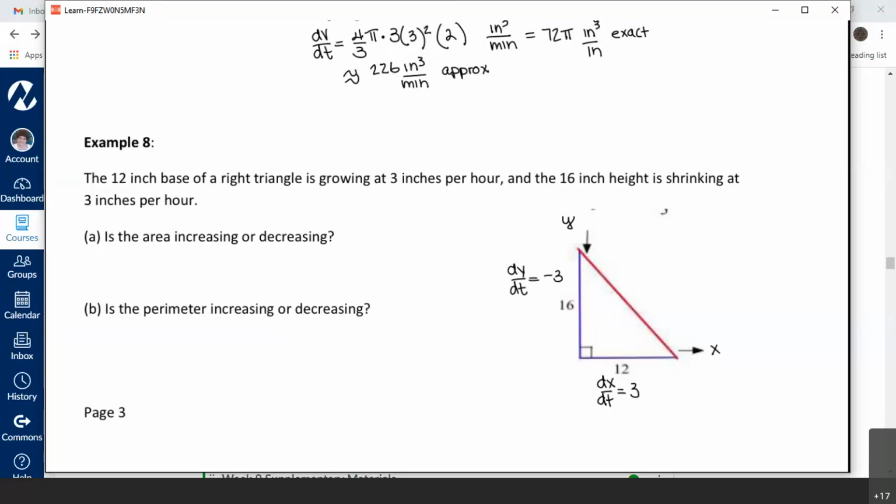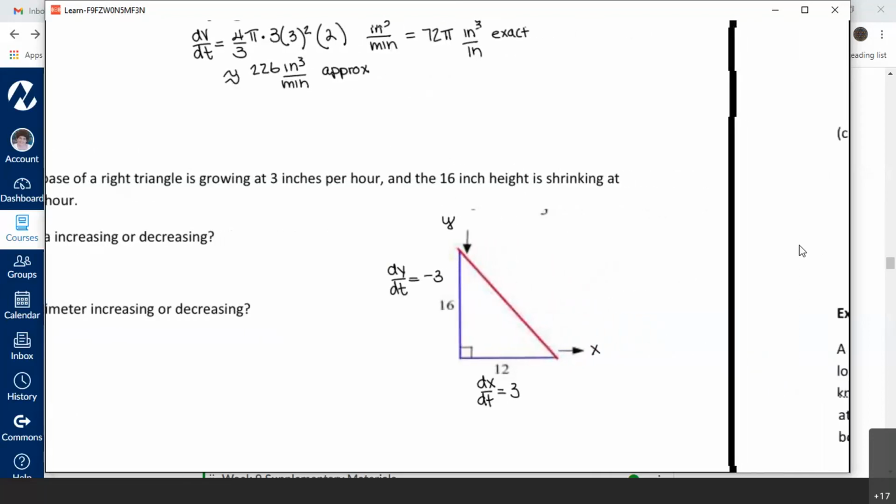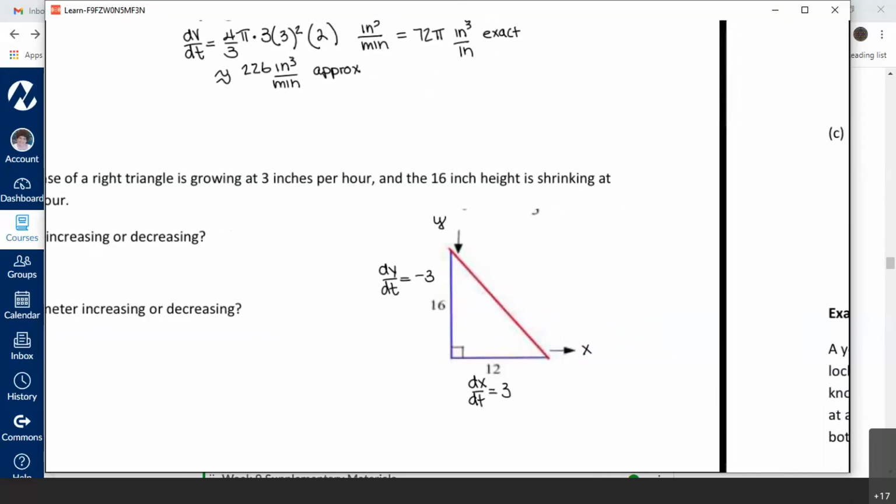Okay, the other thing I'm interested in, because I probably am going to need it, is this length over here. Again, not quite sure if I need it or not. But I could use the Pythagorean theorem to find it if I need it. The relationship that is going to relate these parts is going to be the square root of x squared plus y squared.